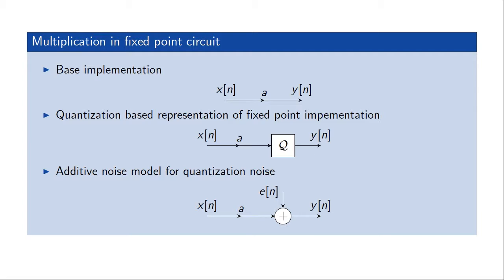And we can analyze that using our additive noise model for quantization noise. So this base implementation of a simple multiplication would in this analysis be replaced by an input signal multiplied by a coefficient, but then we model the quantization in order to stay within the same number format with an additive quantization noise, which leads to the output.